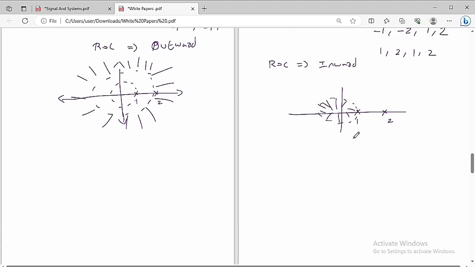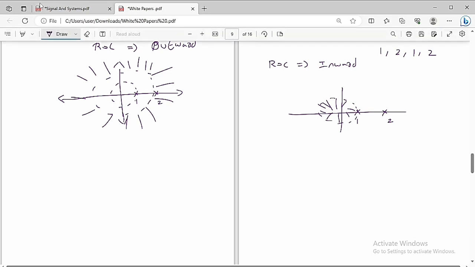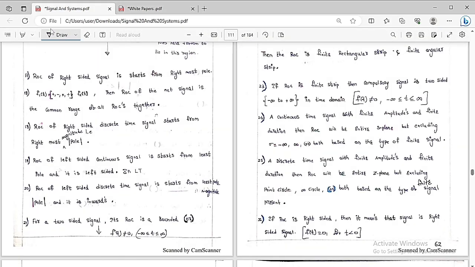Please listen carefully. Let me write the point here. Small correction: the ROC of the right sided discrete time signal starts from the highest magnitude of the pole.